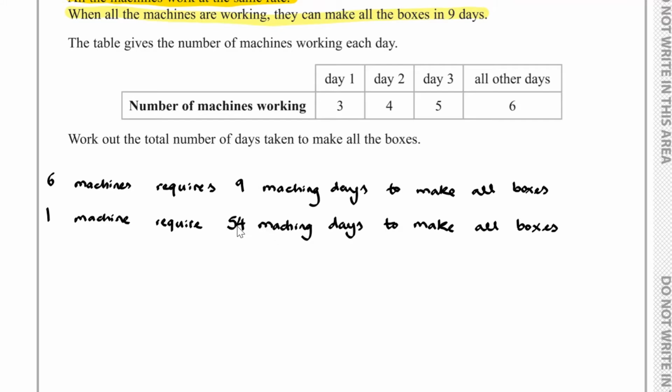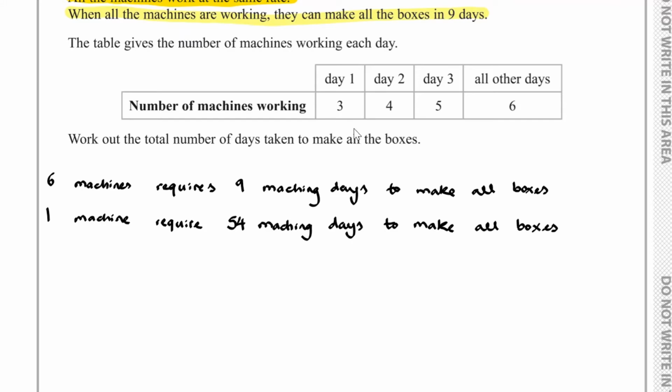A good way to explain this, you've got 6 machines which require 9 machining days. So one machine will take much longer than that, and if they work at the same rate, if 6 machines take 9 days, one machine will take 6 times longer than this 9 machining days. In other words, 9 times by 6 is 54, so we require 54 machining days for one machine to make all the boxes. Okay, hopefully that makes sense so far.